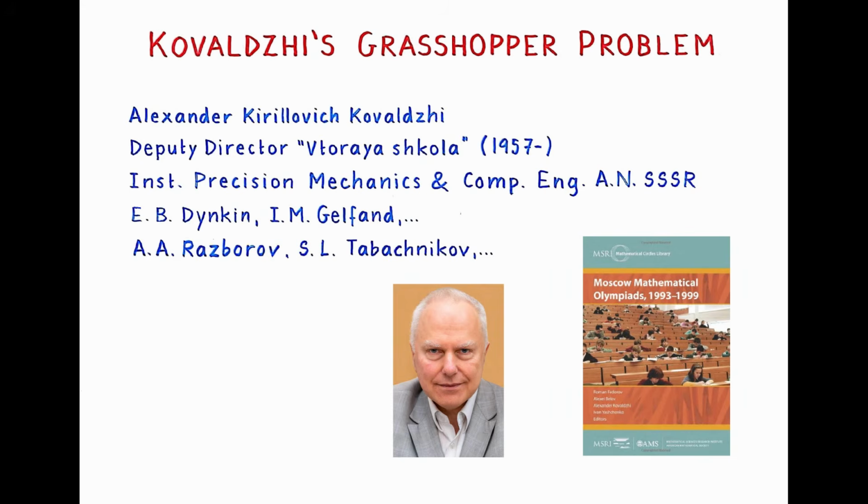In fact, I looked at this Moscow Mathematical Olympiad book, for instance, which he was one of the editors of. And I see that almost every year he poses dozens of problems in the International Olympiad and the Moscow Olympiad, and each of them is a sort of gem.